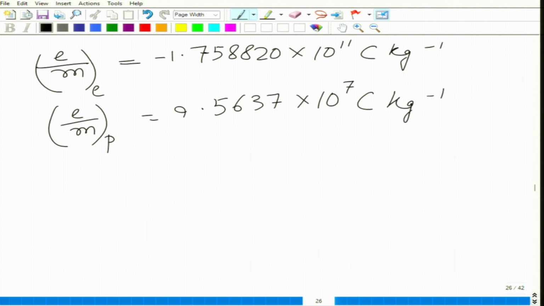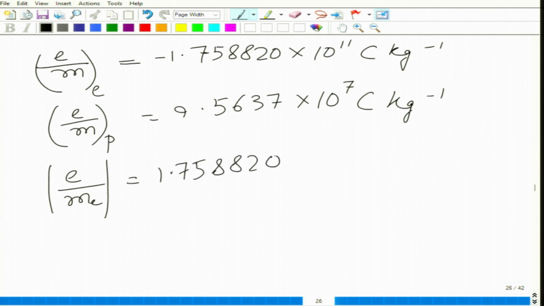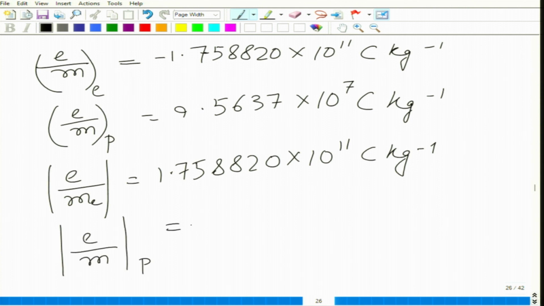If we take the modulus of them, that is the magnitude, then there will be no sign.